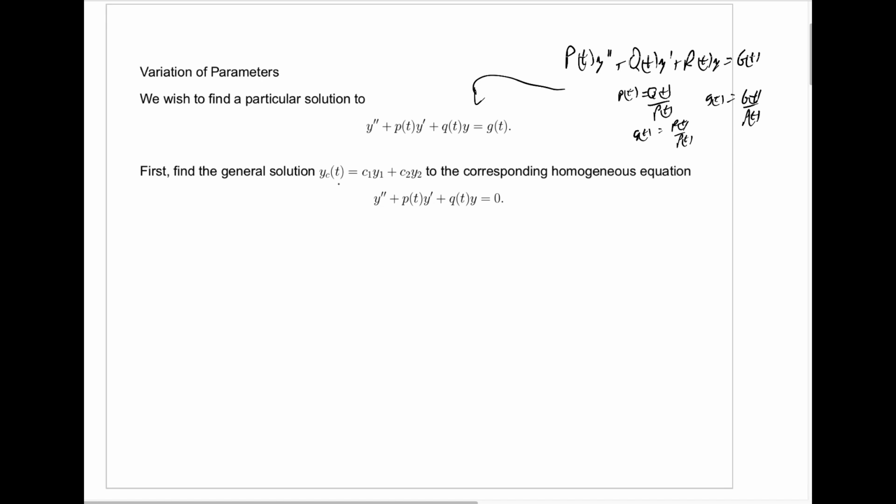Now, the first thing we're always going to do is find the general solution to the corresponding homogeneous equation. Now, this assumes you can do that. We've certainly learned how to do that in the case of constant coefficient equations. I should say, when I say this is the general solution, it's going to be important that y1 and y2 be a fundamental set of solutions.